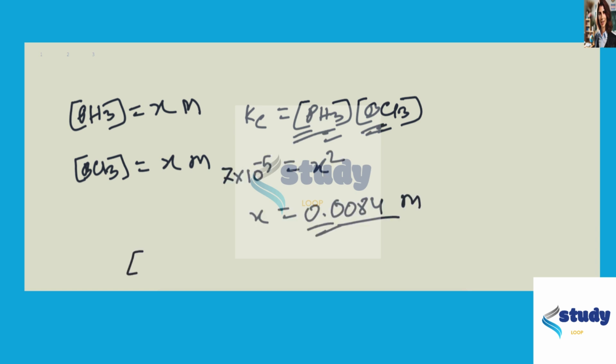So right now this is the initial concentration of both PH3 and BCl3.